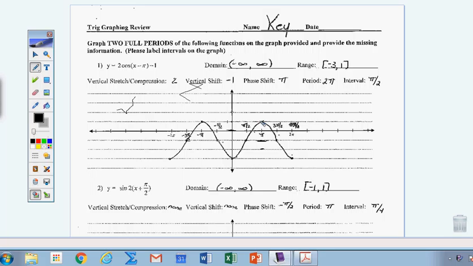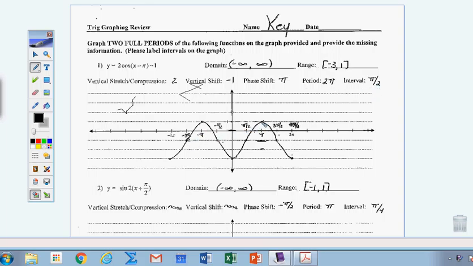Now I know that I have a stretch of 2, so each time I move an interval, I'm going to go either up or down 2. I know my period is 2 pi, because nothing has changed as far as period goes. And I know my interval is pi over 2, because it's just the period divided by 4.